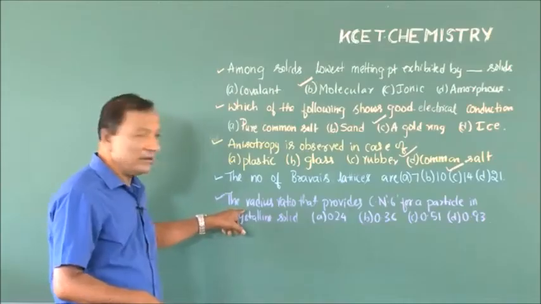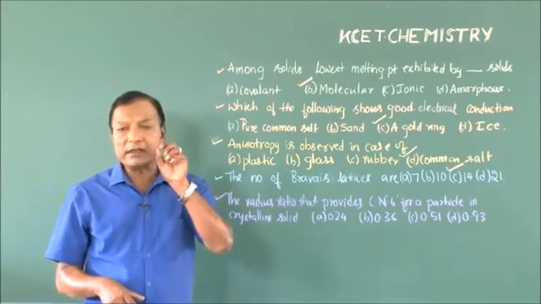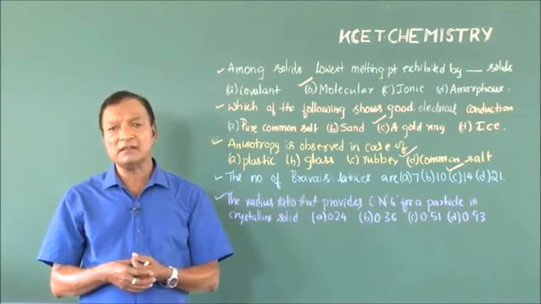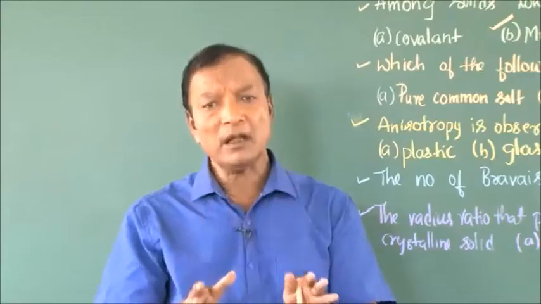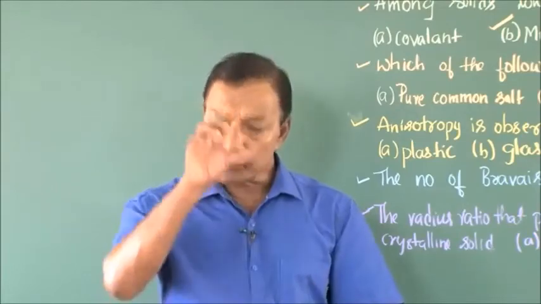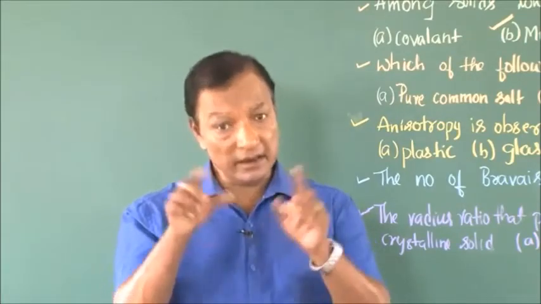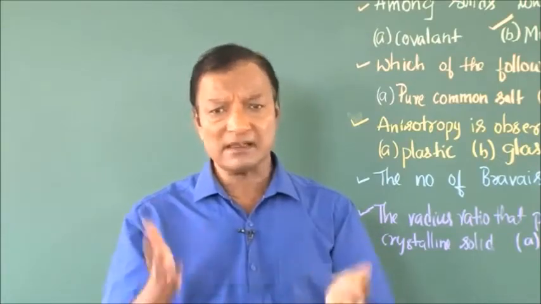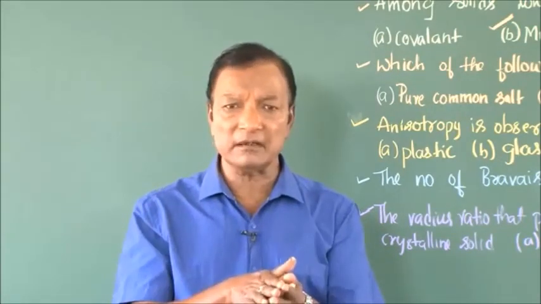In the next question, we observe the way in which these particles are arranged. What is the number of particles which are in contact with a given particle? Look, anyway it is the packed substance, packed material.